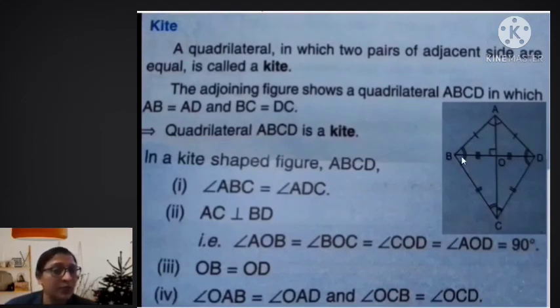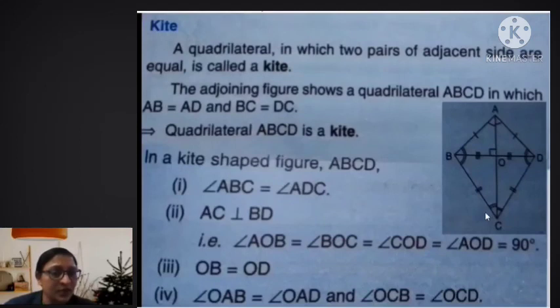The diagonal BD gets bisected by the diagonal AC, hence OB is equal to OD, and angle OAB equal to angle OAD, means the angle A got bisected by the diagonal.